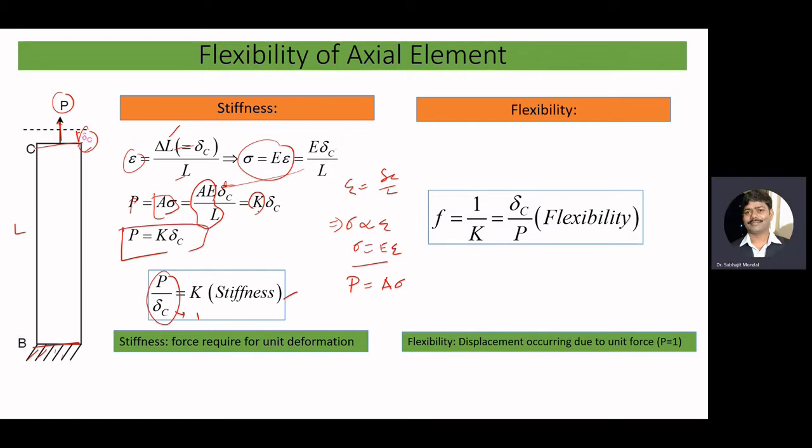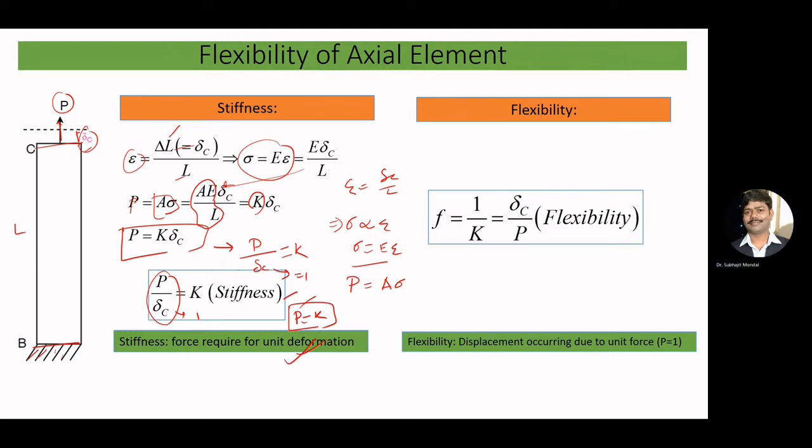Now here we say that the force required for unit displacement is the stiffness. So we are writing delta C in the denominator, and that is equal to K. If this delta C is 1, then P will be K. That is the definition of stiffness, the force required for unit displacement.